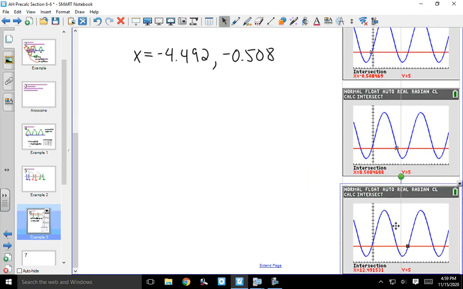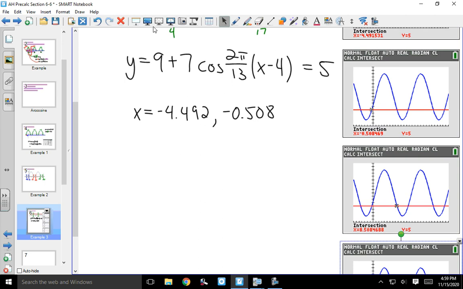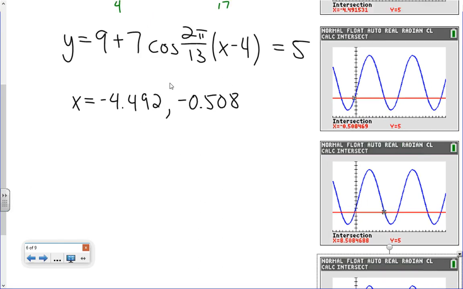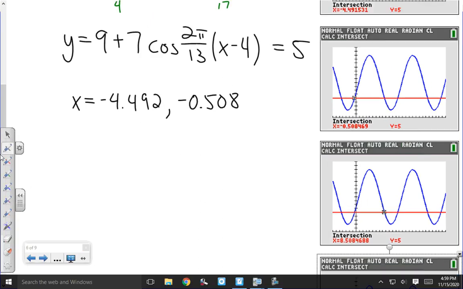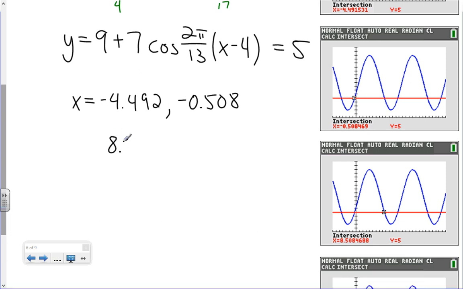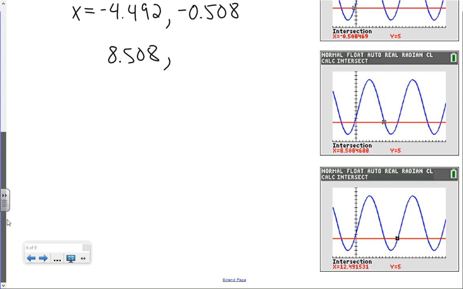All right, so we can write down our two other solutions that we just came up with. We have x equals 8.508 and x equals 12.492.